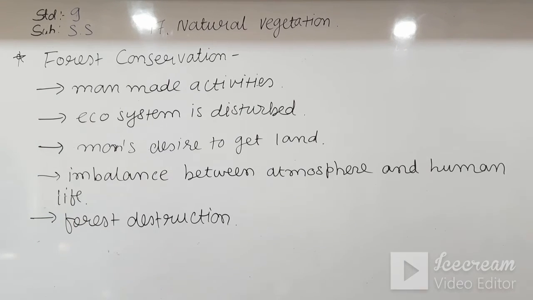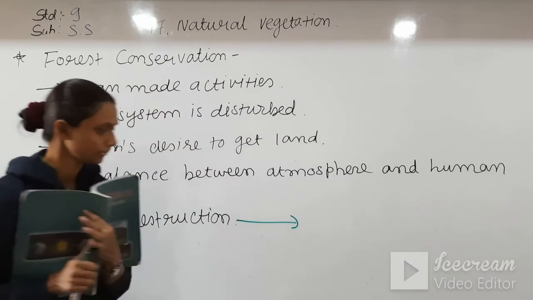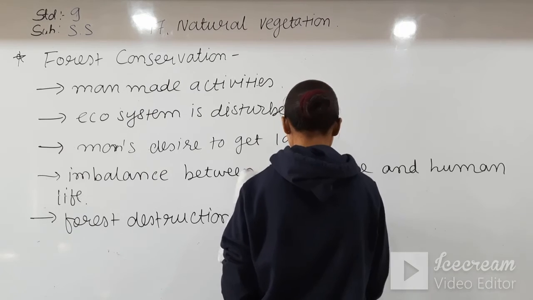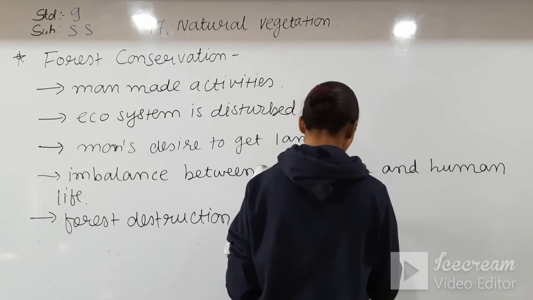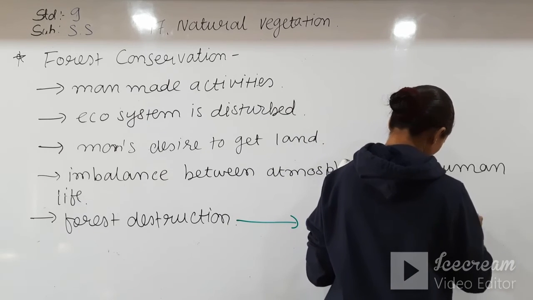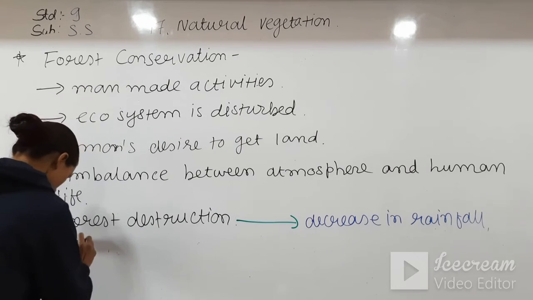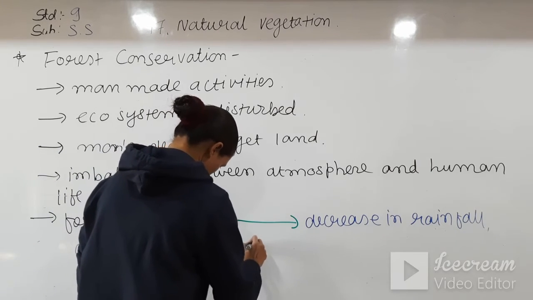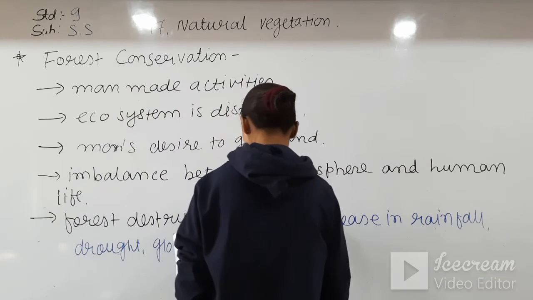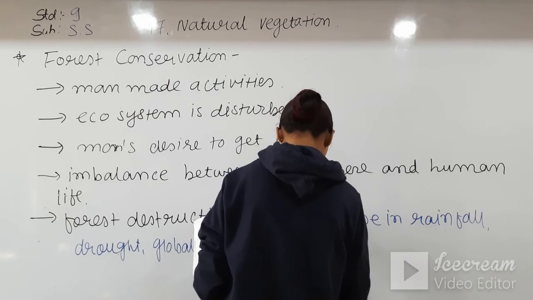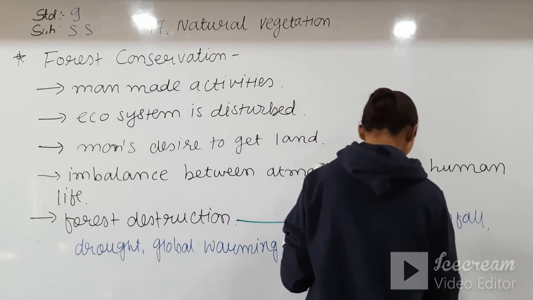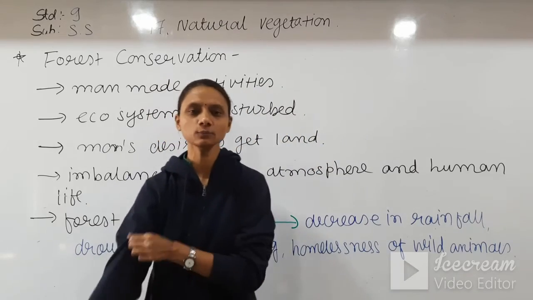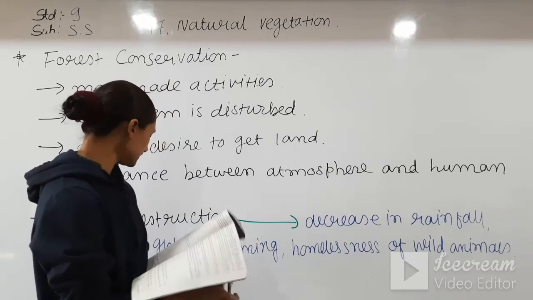So this leads to decrease in rainfall, drought, global warming, wild animals, etc. So these kind of things are happening because of this forest destruction.